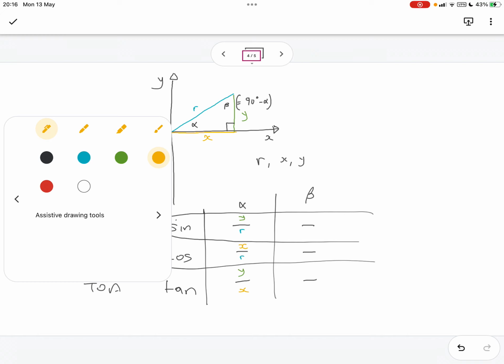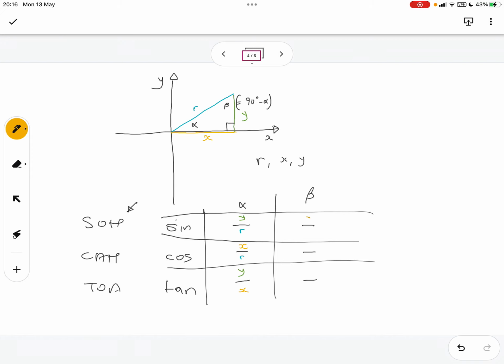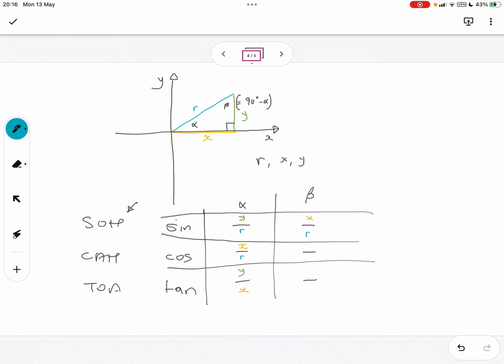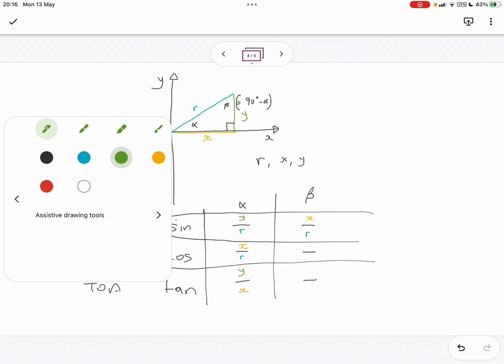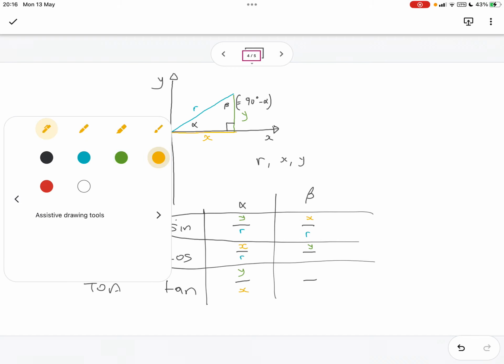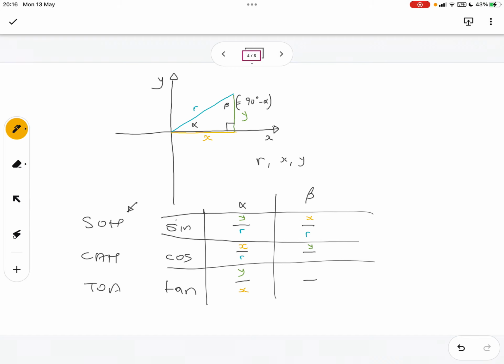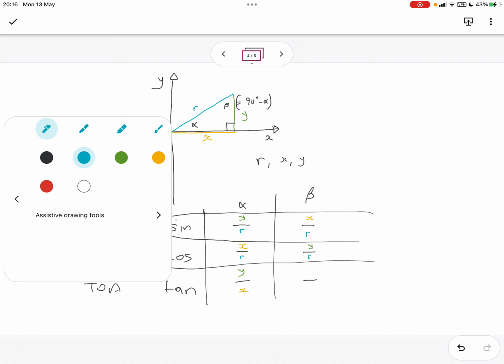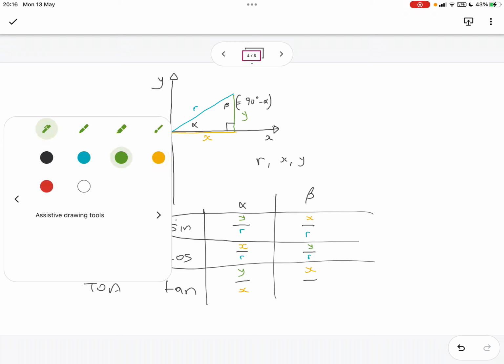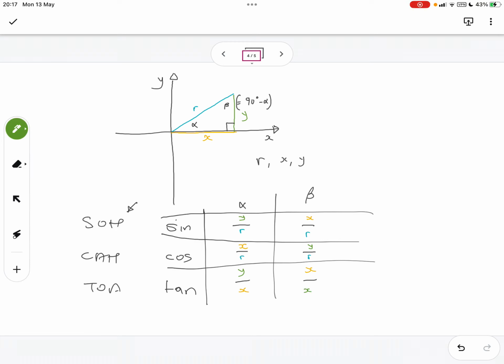And then let's quickly do sine beta. It's going to be X over R. And then for cos beta, it's Y over R. And then for tan beta, it's X over Y. Okay, great.